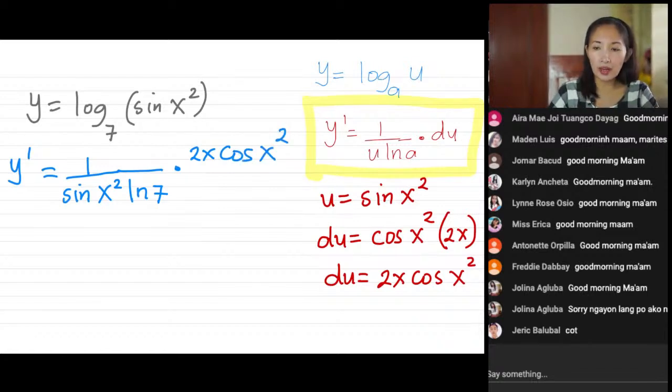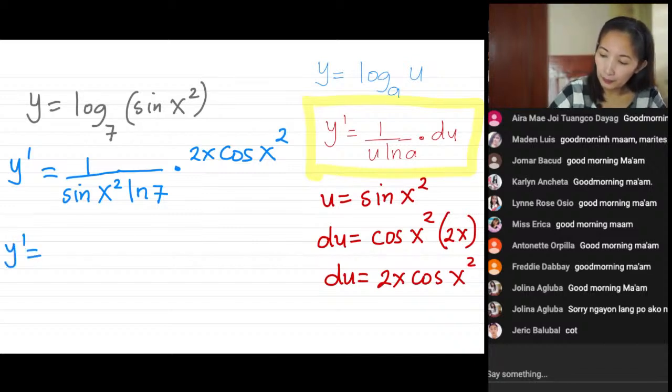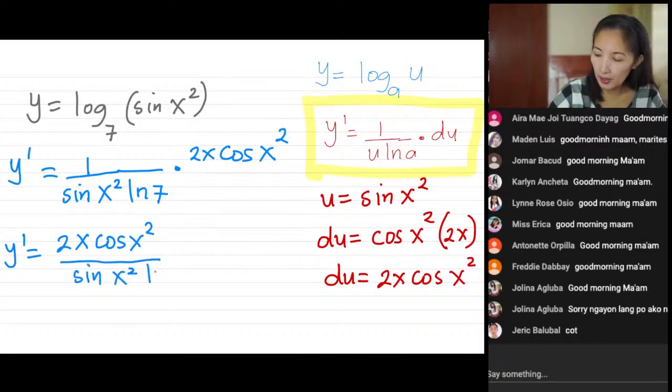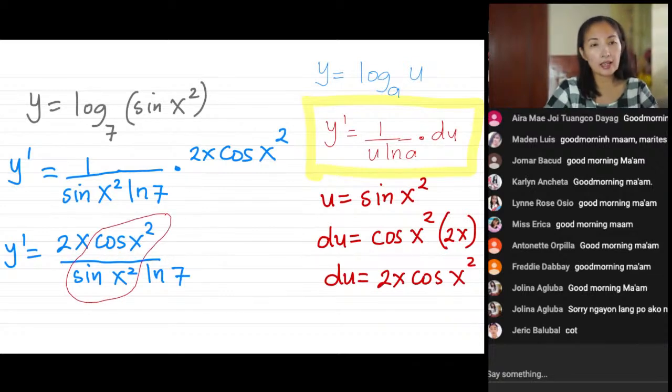Now we can simplify further as y prime is equal to 2x cosine x squared over sine x squared times the natural logarithm of 7. However, you know that cosine x squared over sine x squared is cotangent.